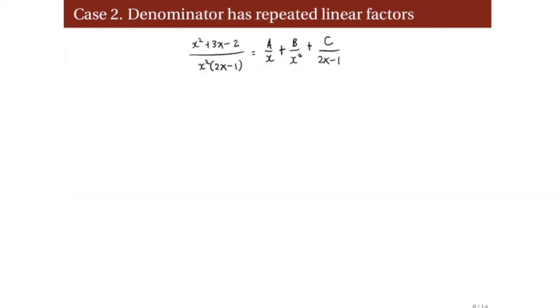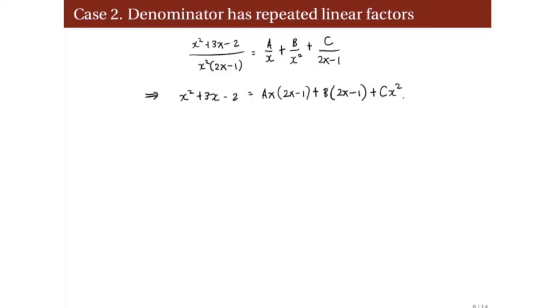So, if you multiply both sides by x squared times 2x minus 1, which is yung LCD, then meron kang x squared plus 3x minus 2 equal now to this a over x multiplied by x squared times 2x minus 1 can be written now as ax times 2x minus 1 plus b over x squared times 2x minus 1 would be b times 2x minus 1 plus c x squared.